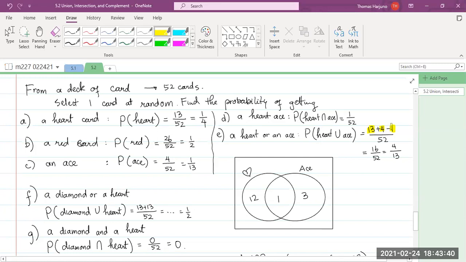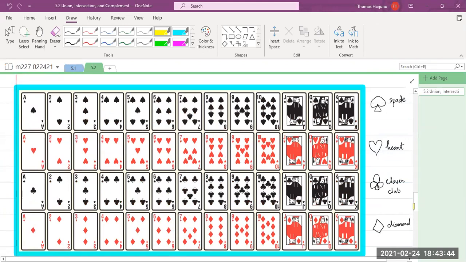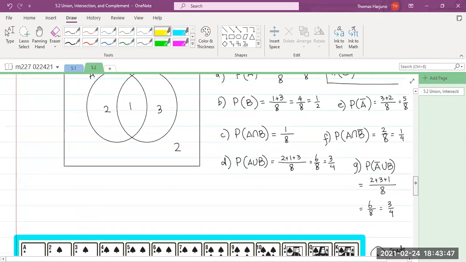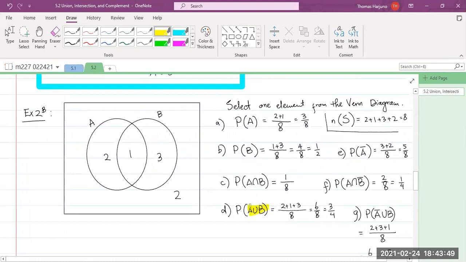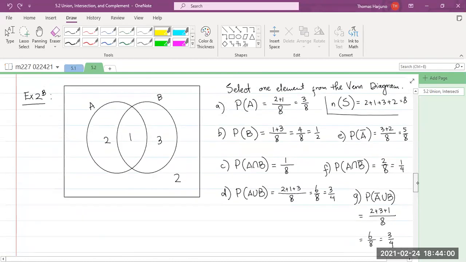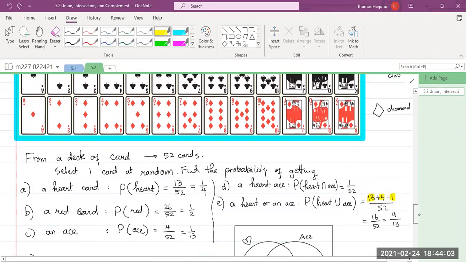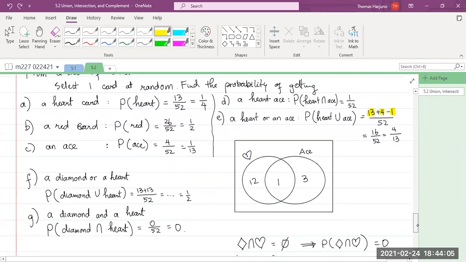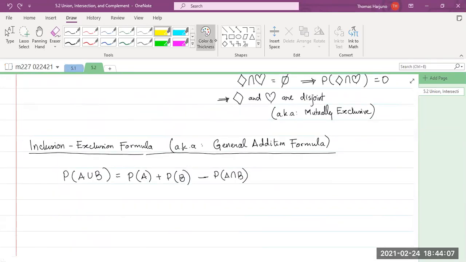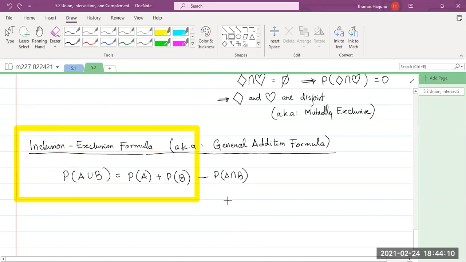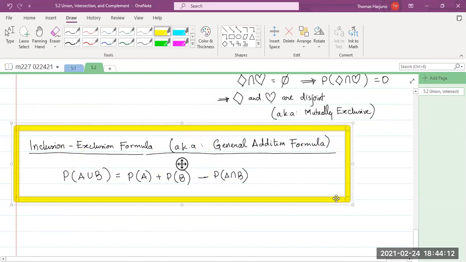Okay, but we don't need that formula if we can picture the situation. We did these questions without that formula, right? Do you notice that? Okay, so under what situation, Thomas, do we need to use that formula? If you don't have the Venn diagram, if you don't have, later on, the contingency table, then we will use this formula. That's something we will see on Monday.